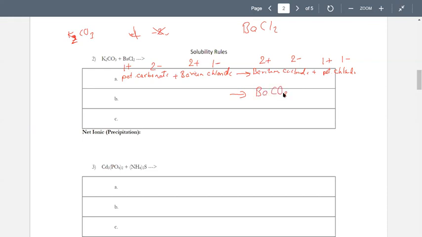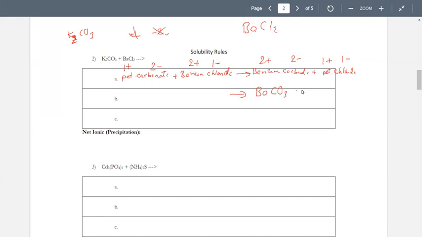Do I have to write any subscript or no for barium and carbonate? No. Actually it would be 2 and 2, but those 2 and 2 cancel out. So we do not have to show the 2 and 2. So we are good with just this much, right?